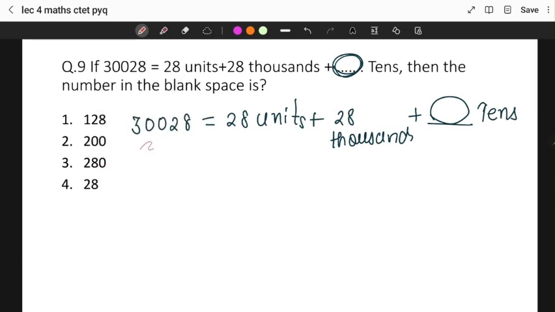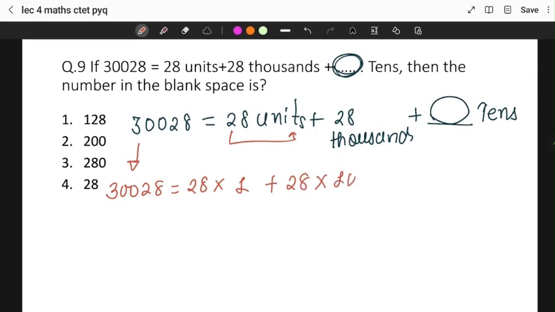Look here, I'll keep this value as it is, that is 30028 is equal to 28 units. For units we'll multiply 28 by 1. For units we multiply by 1. In the previous slide also I explained you. For 28,000, for thousands we multiply by 1000 plus dash. Now the students can directly make a mistake here: they simply find the value of x over here.